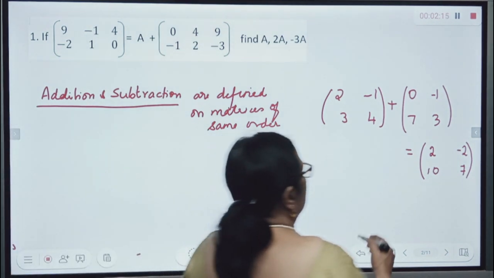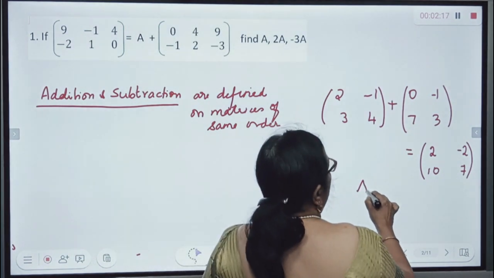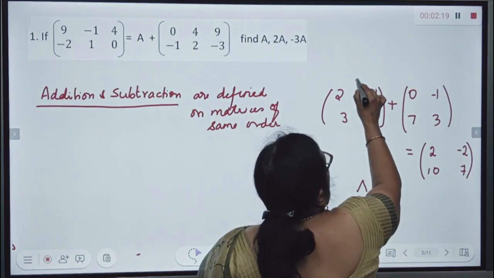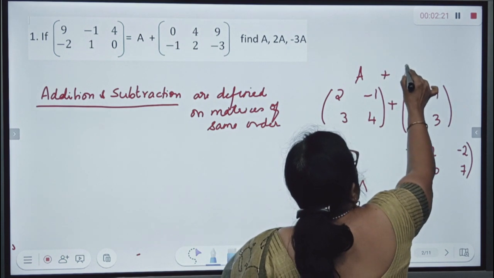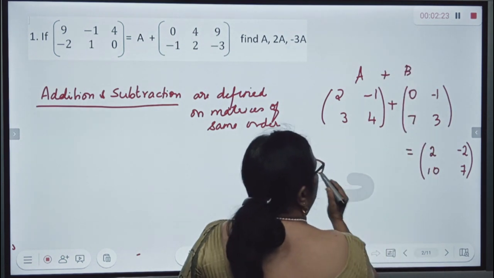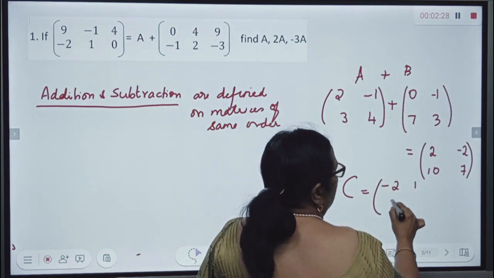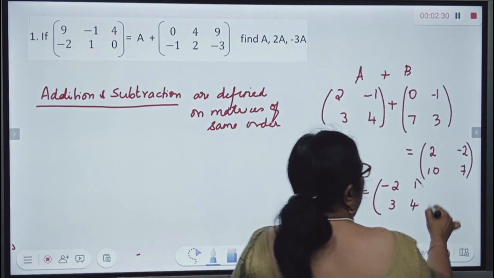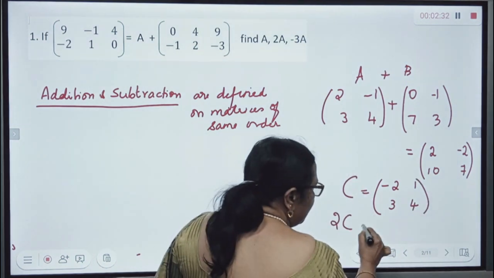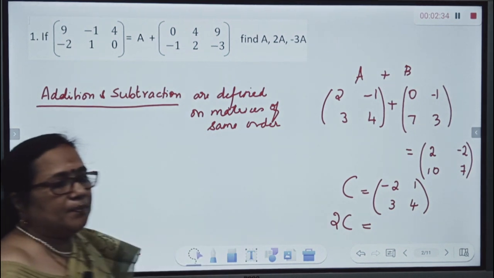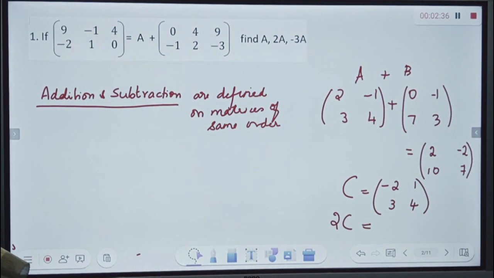What is scalar multiplication? Suppose this is A plus B. And suppose you have C equal to minus 2, 1, 3, 4. Then 2 times C will be, scalar multiplication means multiplying every term of the matrix by the scalar.